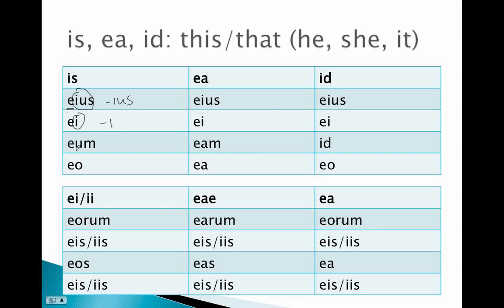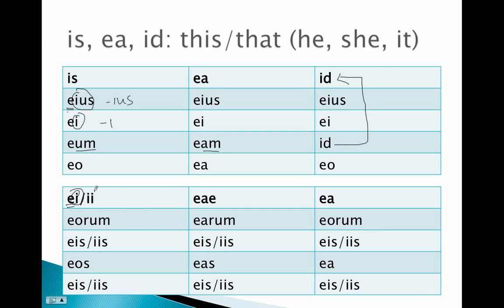And then the accusative, eum, eam, and id, the same as our nominative. But the masculine and feminine are regular first and second declension endings, and eo, ea, eo. And then in the plural, ei, eae, ea. We've got our e stem with our regular first and second declension endings.